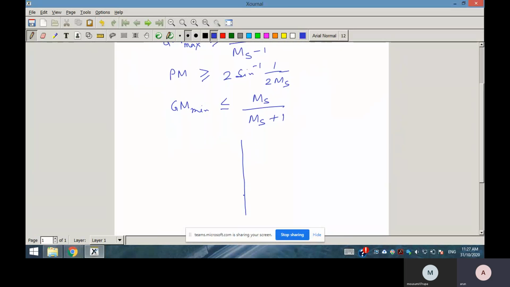For example, this is the Nyquist diagram. So one Nyquist diagram I am taking where both GM min and GM max will be there. Such a loop transfer function we already considered in the last class.